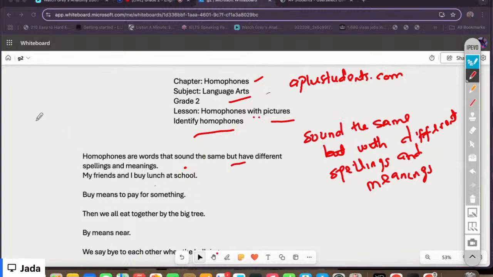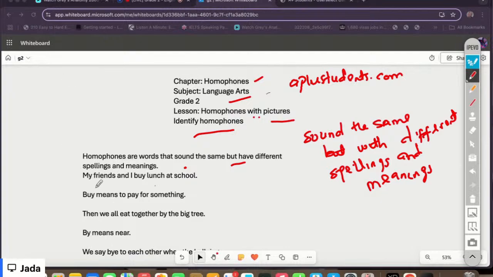You need to note that even if homophones sound alike, they are not always spelled the same and they have different meanings. Some words sound very much the same, but they are not actually the same. They have different spellings, and they mean different things.